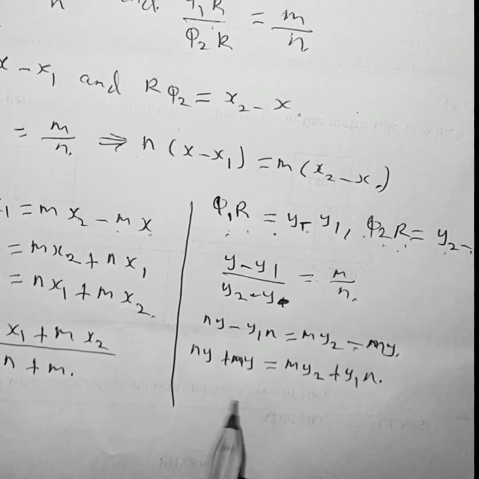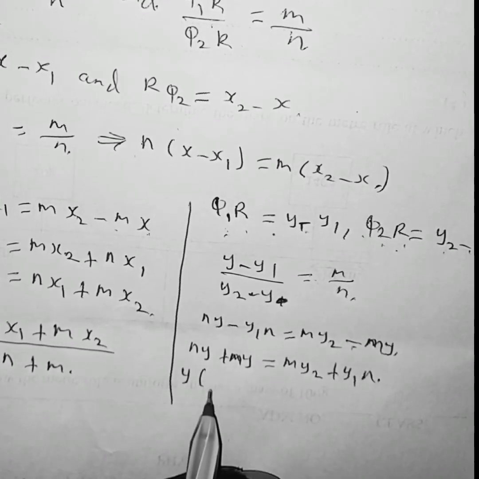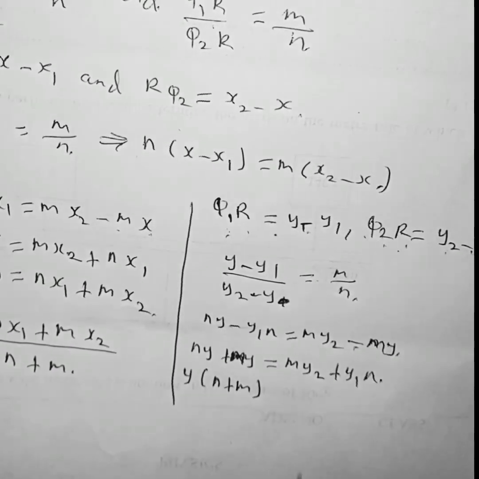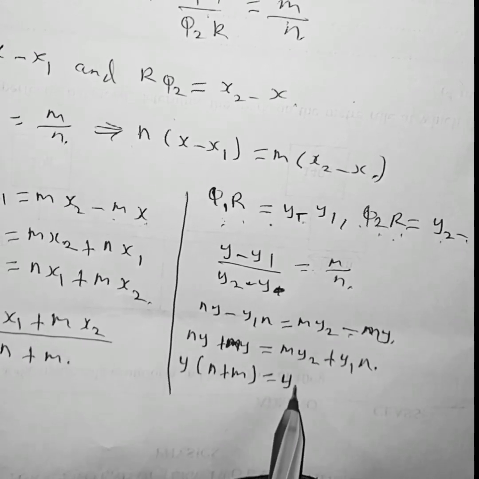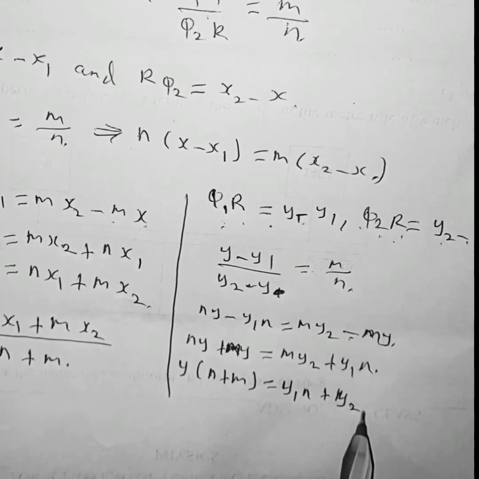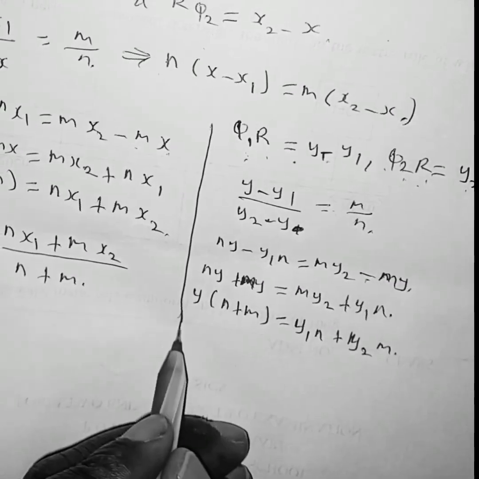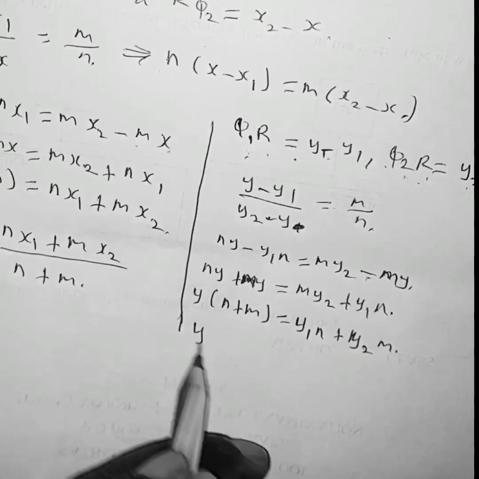Then we factorize y here, so that you shall be left with (n plus m) y equal to y1 n plus y2 m. So we divide by n plus m both sides, so y is equal to (ny1 plus my2) divided by (n plus m).